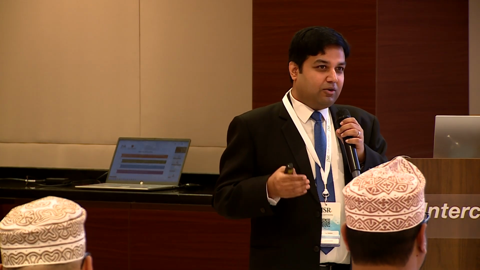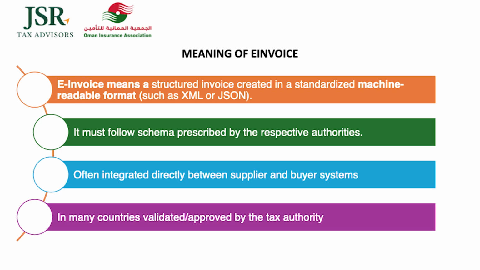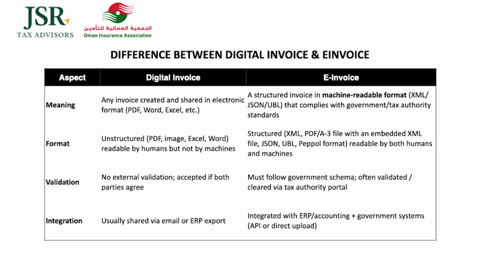It has data attached to it in XML or JSON format. It is also called an electronic invoice, with a schema. It is validated by tax authorities and created as per the structure prescribed by them. So that's in a nutshell an e-invoice.